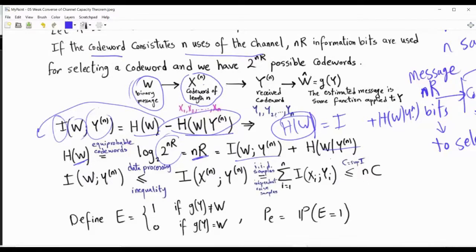Now, what about these two terms? Well, we will upper bound each one of them. For this one, we will employ the data processing inequality.